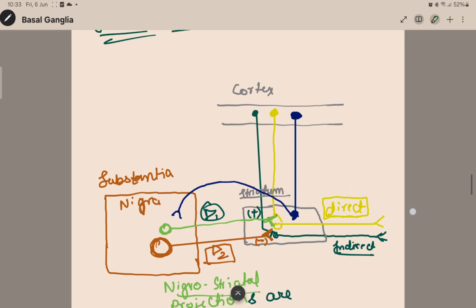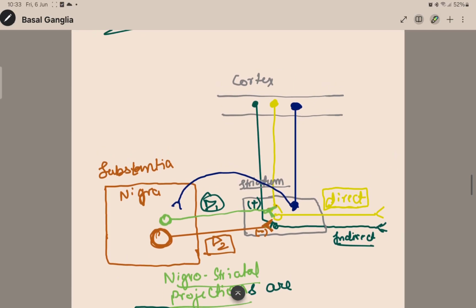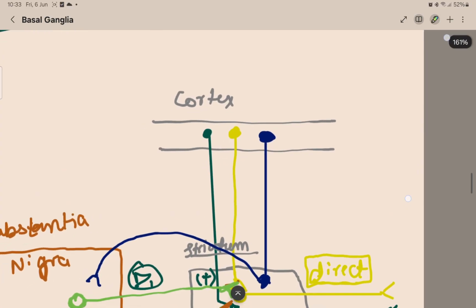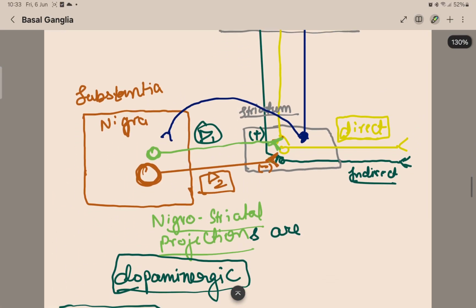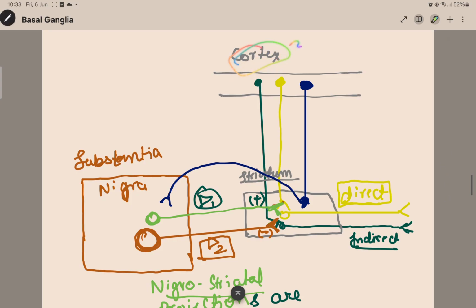So here we see the direct and indirect circuits, how the substantia nigra modifies. Here is the cortex, the direct circuit. For the direct circuit a neuron is there, and for the indirect circuit there is another neuron. Okay, this we have discussed.